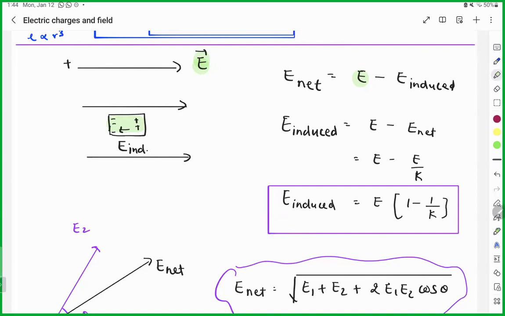Got it? If you are applying external electric field E, then E induced will be there in the opposite direction. So E induced. Got it?